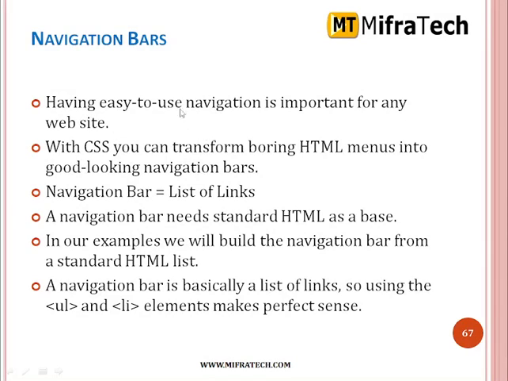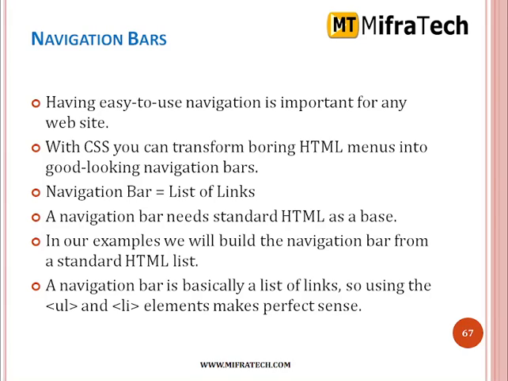Navigation bars: having easy-to-use navigation is important for any website. With CSS, you can transform boring HTML menus into good-looking navigation bars. A navigation bar is basically a list of links. The navigation bar needs standard HTML as a base. In our examples, we build a navigation bar from a standard HTML list.